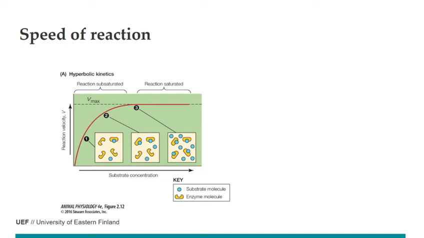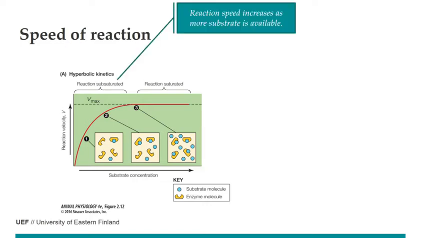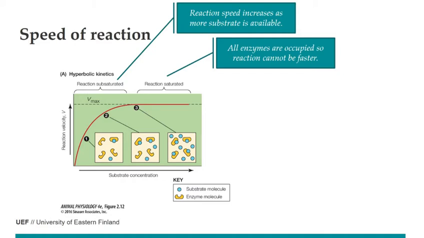Quite often enzymes work with hyperbolic kinetics, where adding a little more substrate increases the speed of the reaction drastically, because enzymes can't work without the substrate binding to the enzyme and being processed. But when the substrate concentration is very high, all the enzymes are occupied and the reaction cannot go any faster.